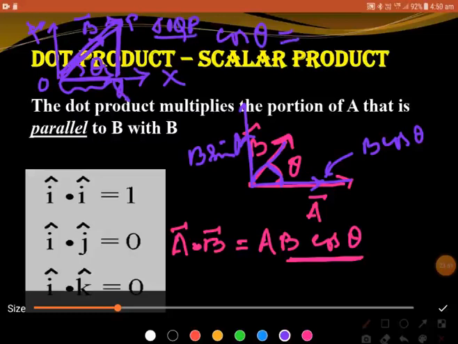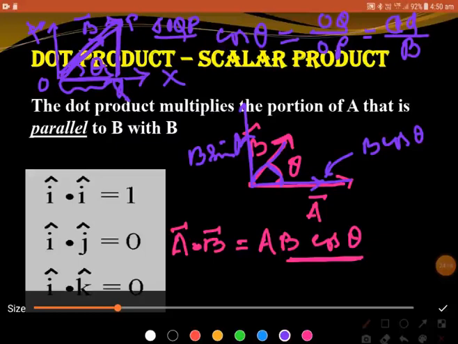Cosine means base by hypotenuse. The base is OQ, the hypotenuse is OP, and OP is nothing but the magnitude of b vector. So you simply write b like this, and OQ like this.